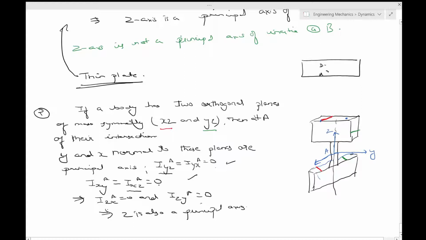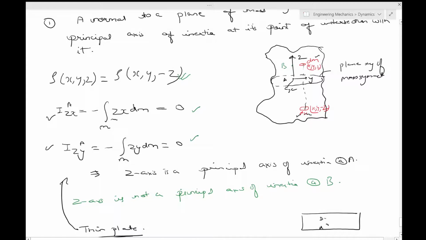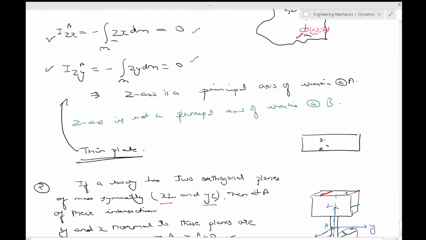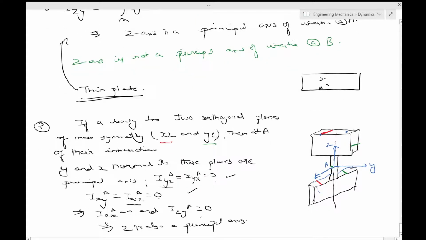Then at A, their point of intersection, X and Y are clearly normal to the planes, so they are principal axes. Y will be a principal axis just by using this first part, since there is mass symmetry.